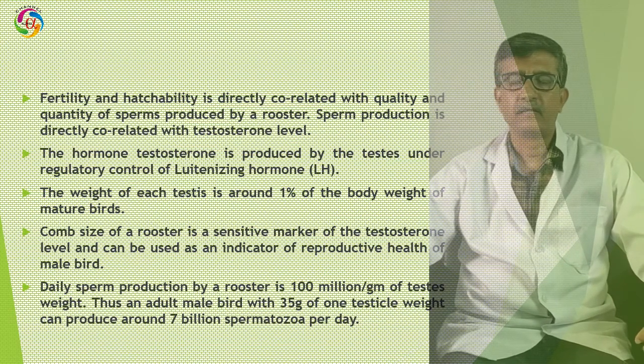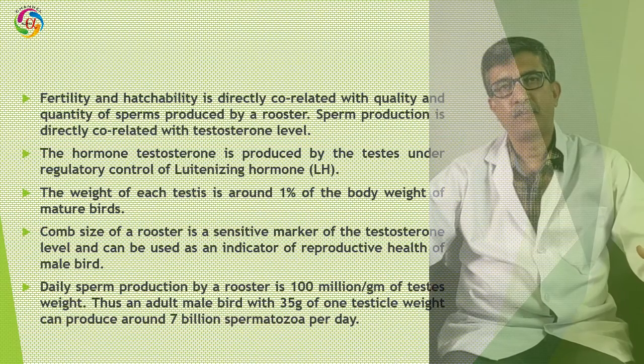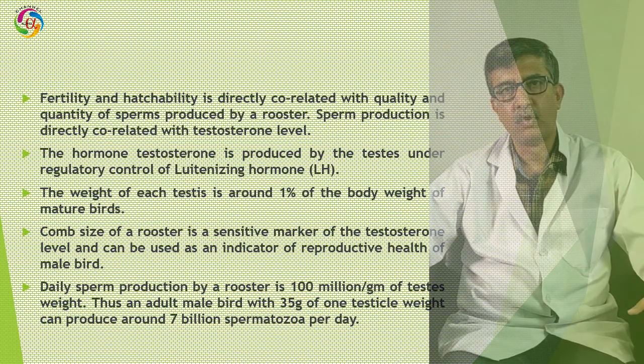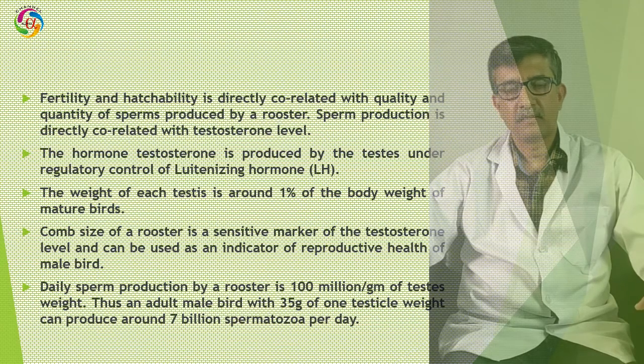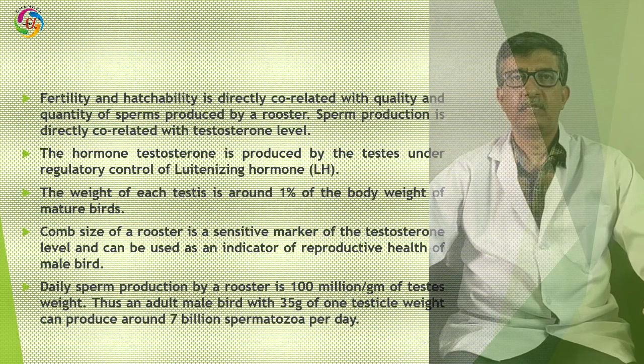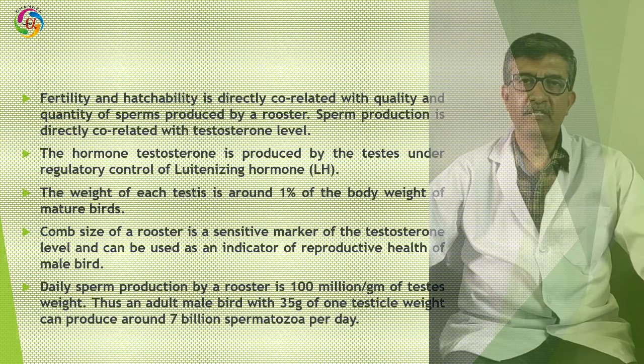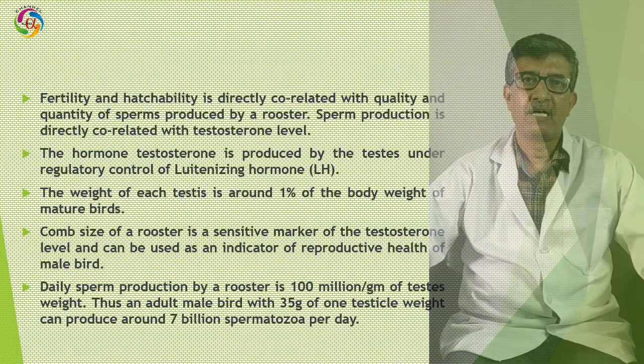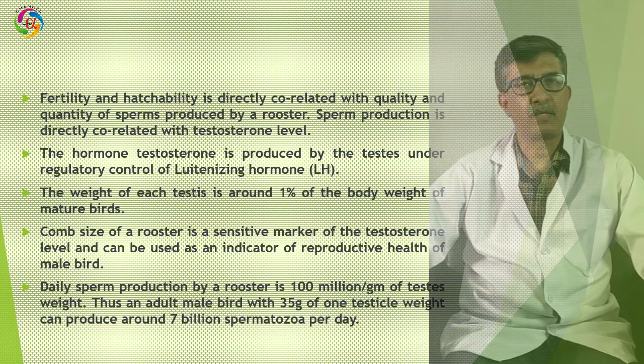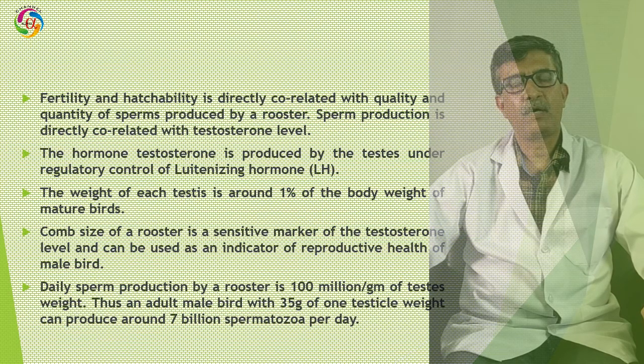Now, if you look at the content of sperm produced by a rooster, there is a thumb rule. The thumb rule is, each testis produces 100 million spermatozoa per gram of testicular weight.